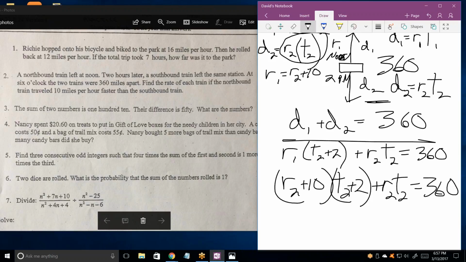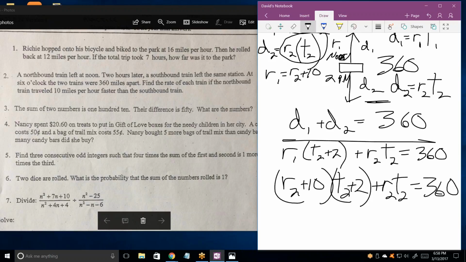I've used the fact that t sub 2 is 2 hours later than t sub 1. I've used the fact that the total distance they've both traveled is 360. I've used the fact that r sub 2 is 10 miles an hour less than r sub 1. And yet I still have two variables and one equation.